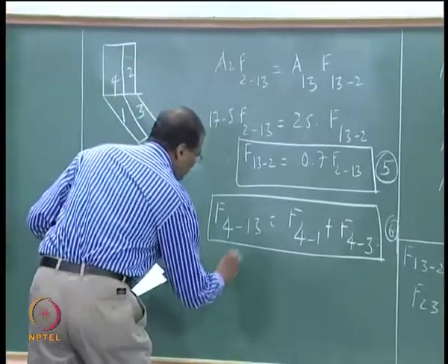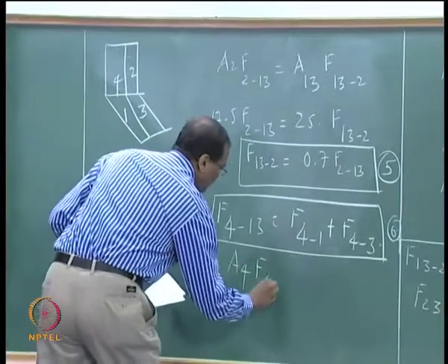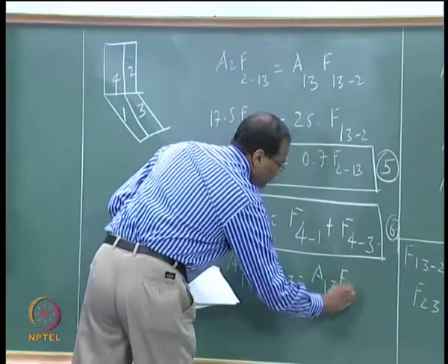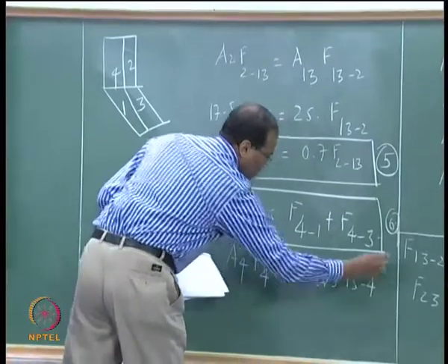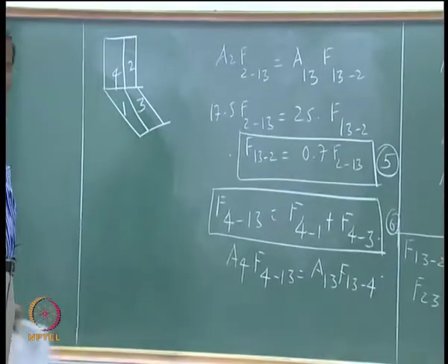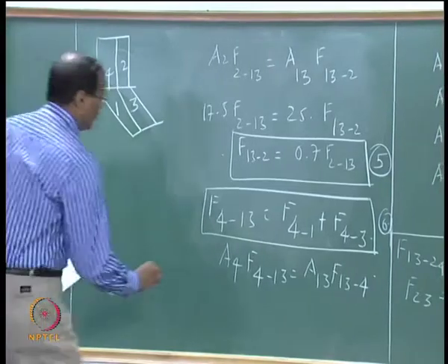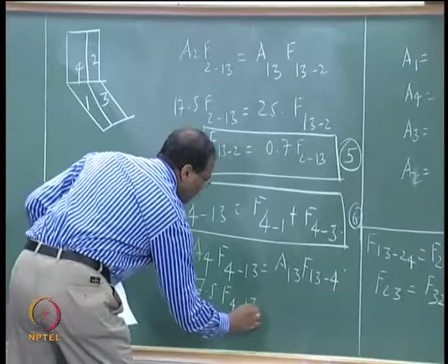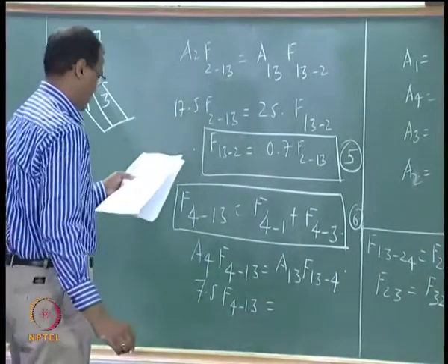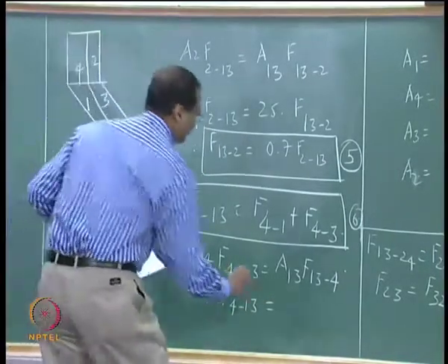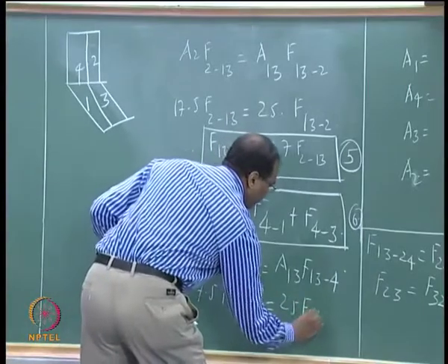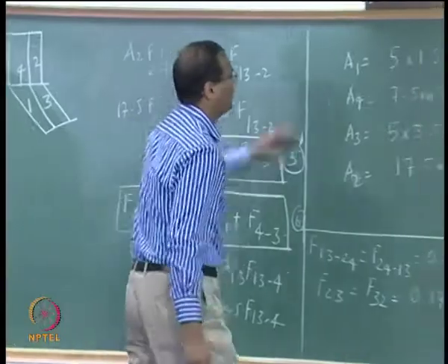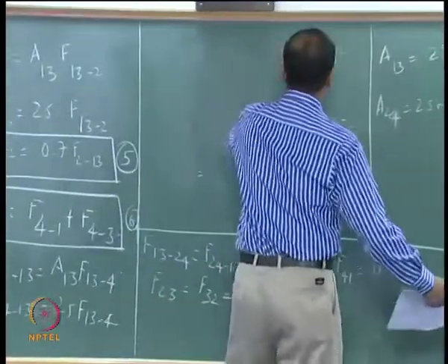So A4, so 7.5 is equal to 25. Now I can remove this.